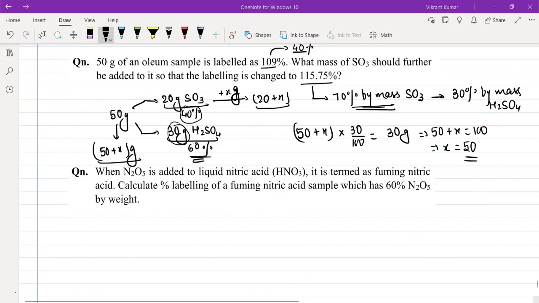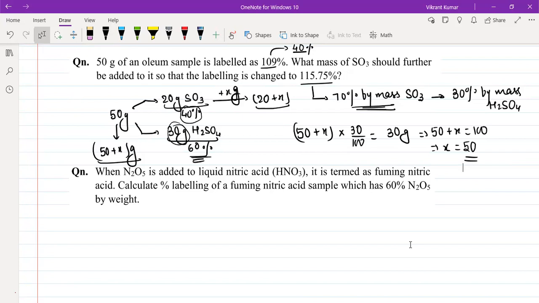एक बार repeat कर सकते हो? Again, I am telling you, जैसा पिछली बार क्या था, SO3 compressed in H2SO4, and when we are adding H2O, SO3 was forming H2SO4. This time I am having HNO3 के अंदर N2O5 gas compressed, and when I will be adding H2O, N2O5 will react with water to give you HNO3.